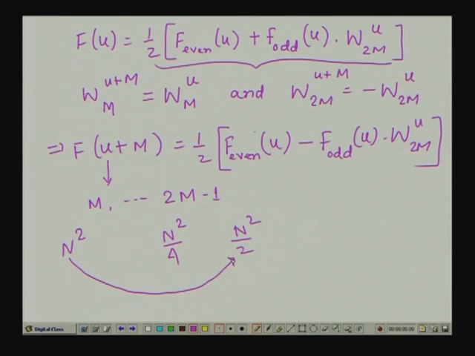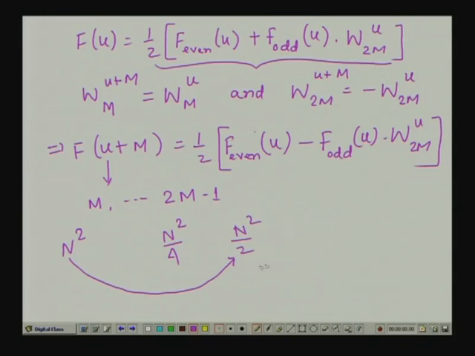So, if I go further breaking this sequence of samples into smaller sizes, compute the DFTs of each of those smaller size samples and then combine them together, then we will find that we can gain enormously in terms of amount of computation.